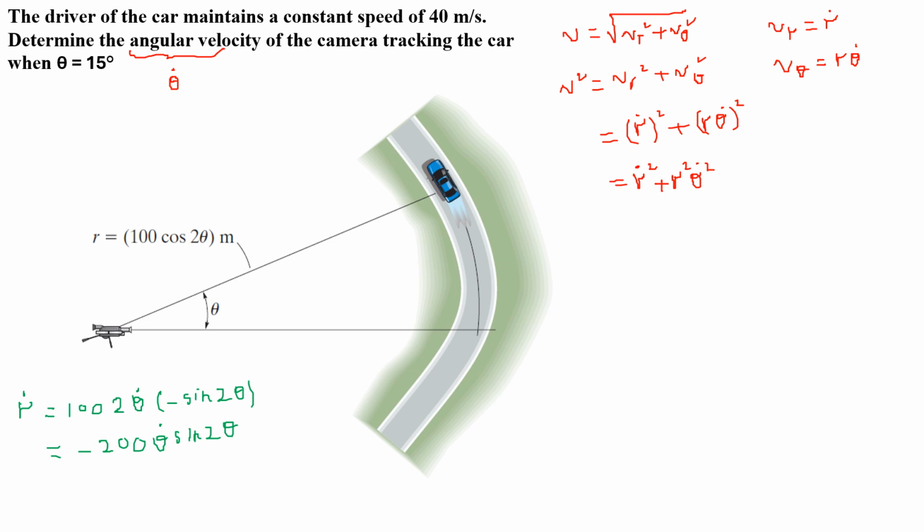So now we will have 40 squared equals negative 200 theta dot sine 2 theta squared, that is r dot square, plus r square, so we square this quantity: 100 cos 2 theta squared times theta dot square. Remember that we need to find theta dot.